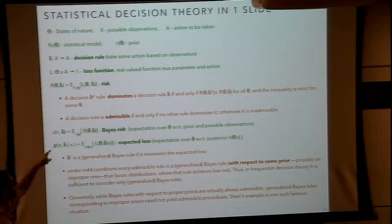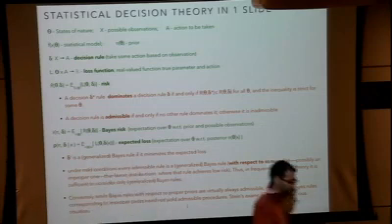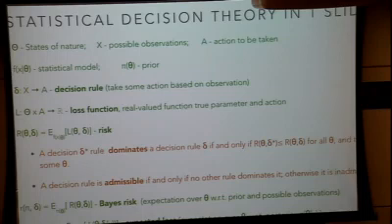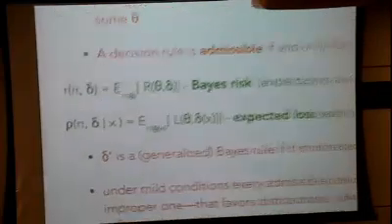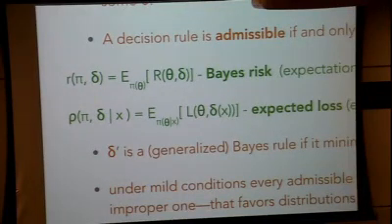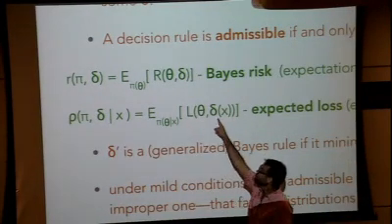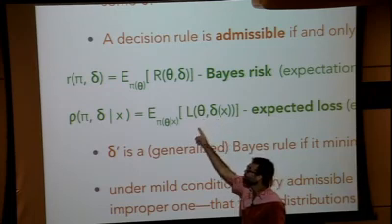So this thing right here is called the expected loss. It's hard to read this, so let me zoom in. There you have your loss function that depends on your decision rule and the parameters, and you're taking an expectation.